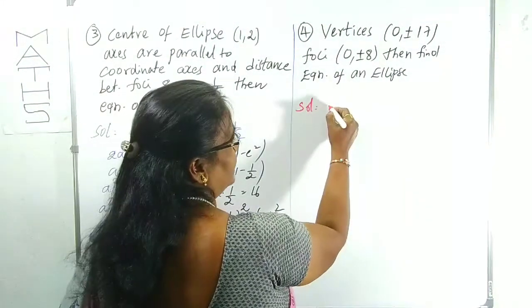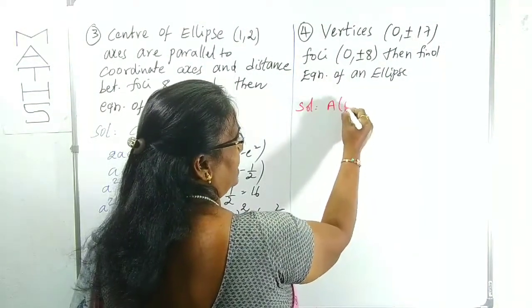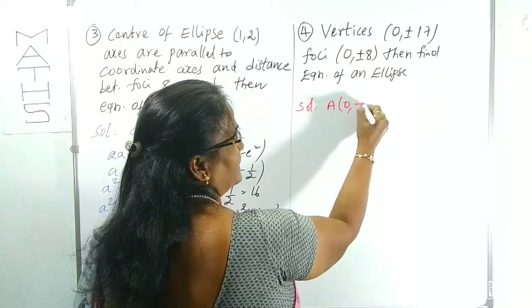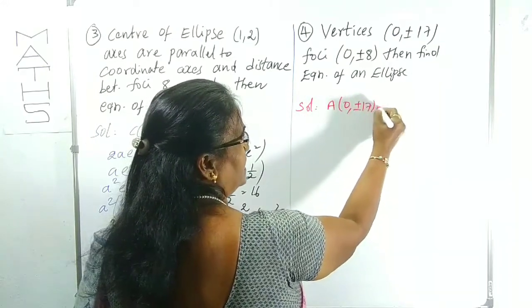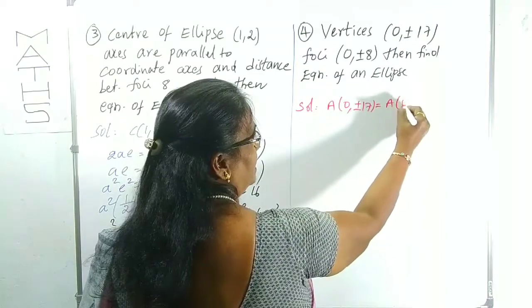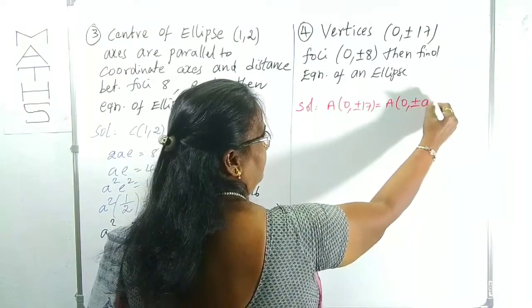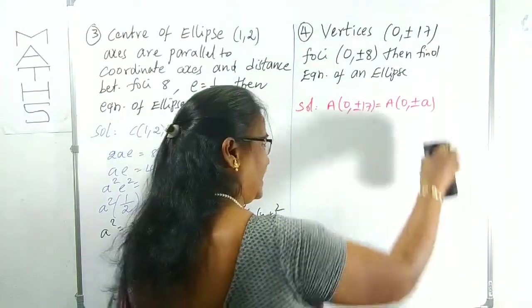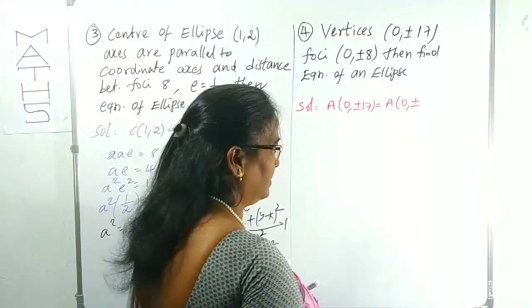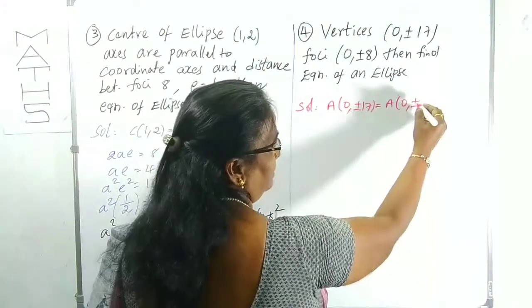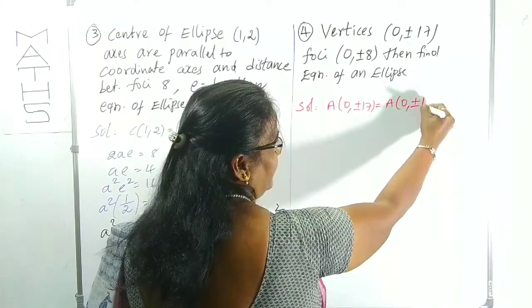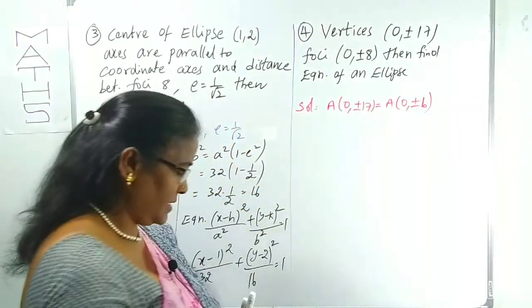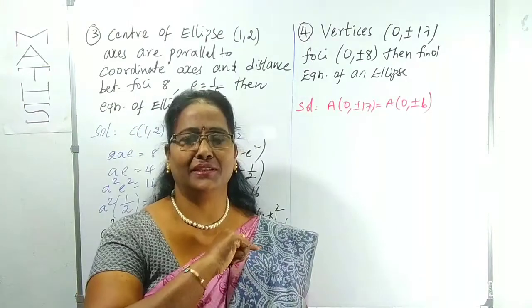In this case, the vertices we can take as (0, plus or minus 17). In the sense, given that the vertices are (0, plus or minus b). Indirectly, what is given?